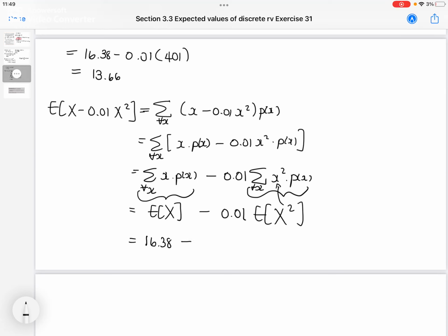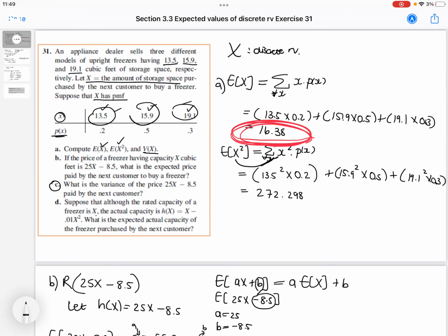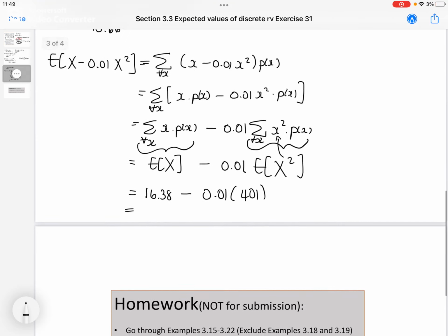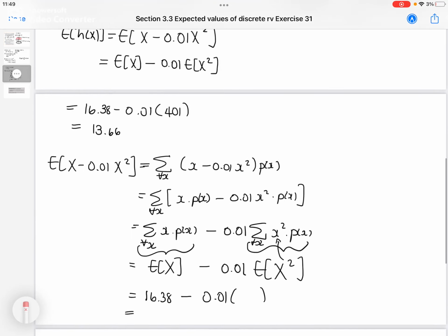Okay? And then since we calculated these, it will be 16.38 minus 0.01 times 401, and that is equal to, no, sorry, it's not 401, I made a mistake, it's 272.28.